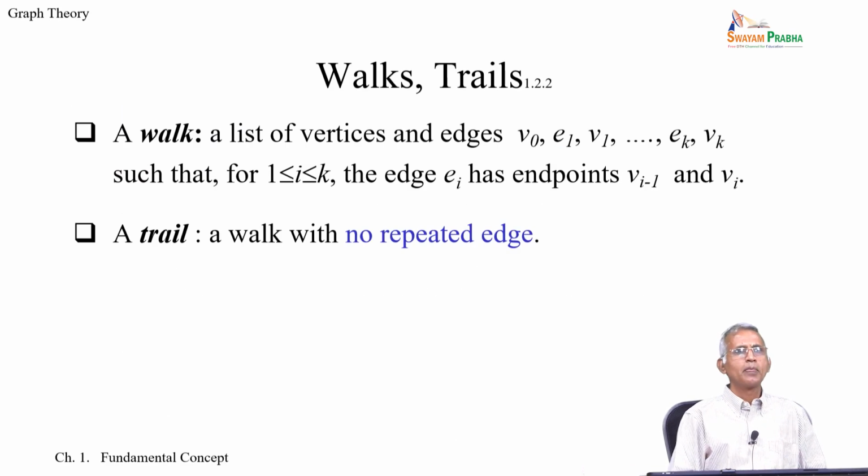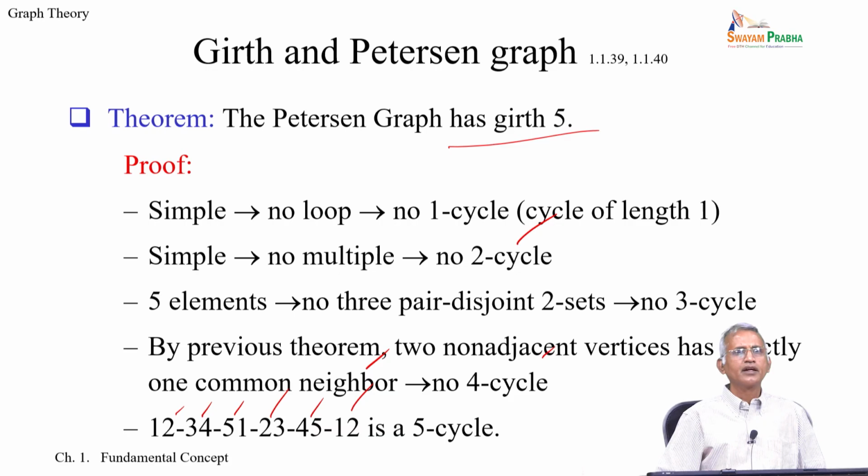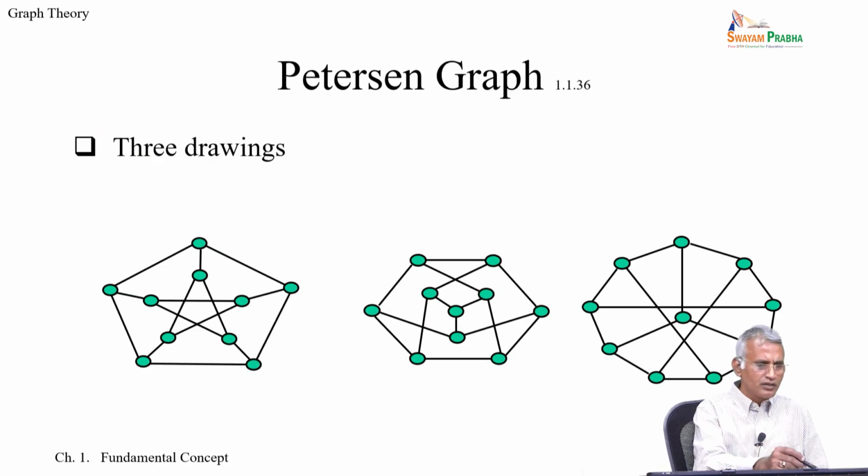Next, walk. A walk is a list of vertices and edges. Say we have one graph here. You take this graph and you start here and go along the walk like that.